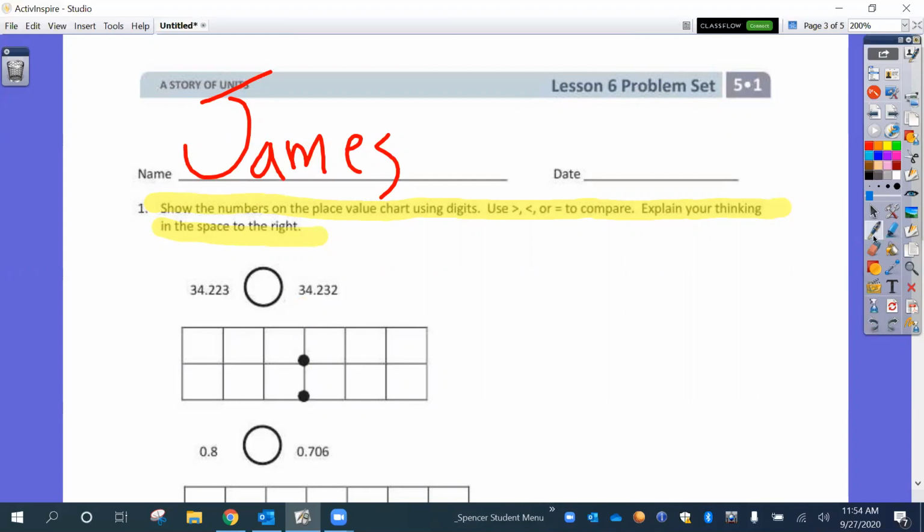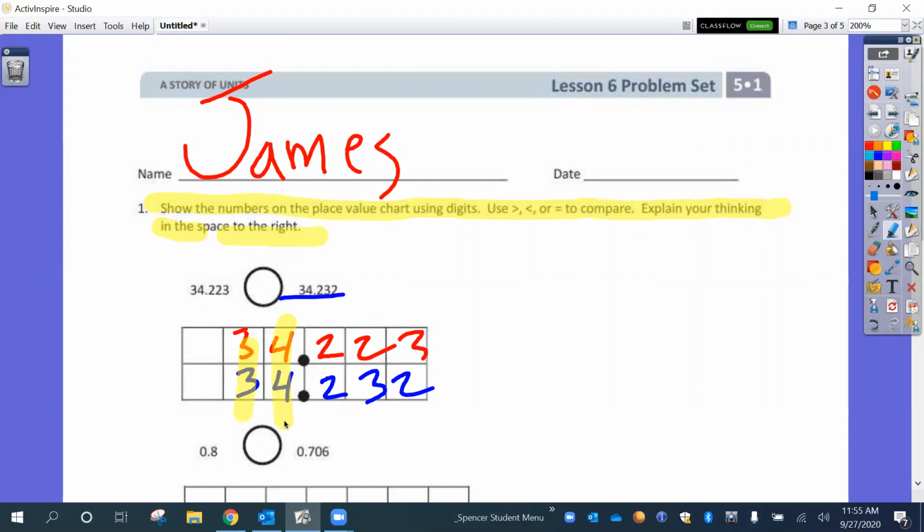So we see that there's 3 tens, 4 ones in the one number, and we have 223 thousandths, right? And then our other number is 3 tens, 4 ones, and 232 thousandths.